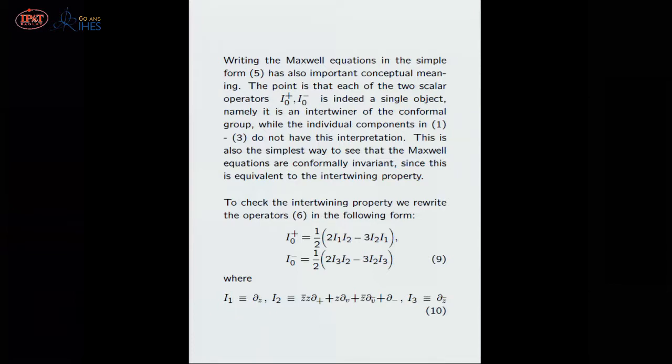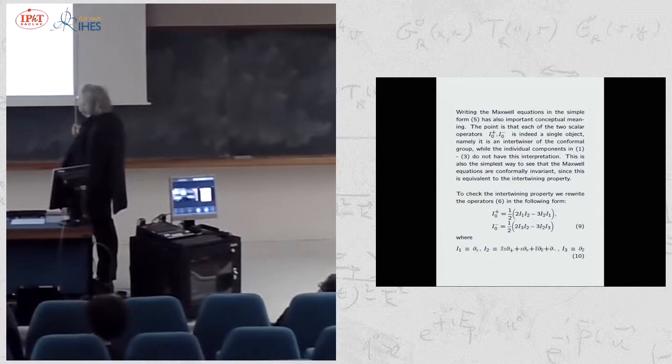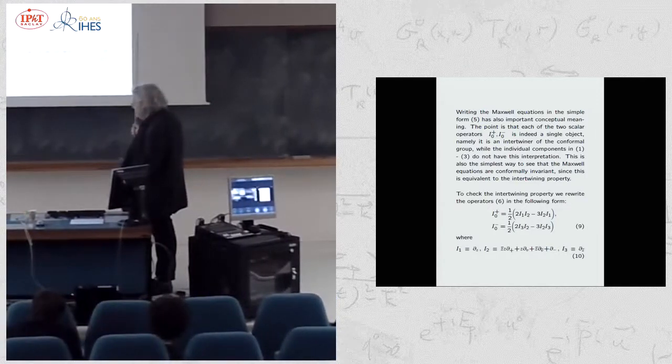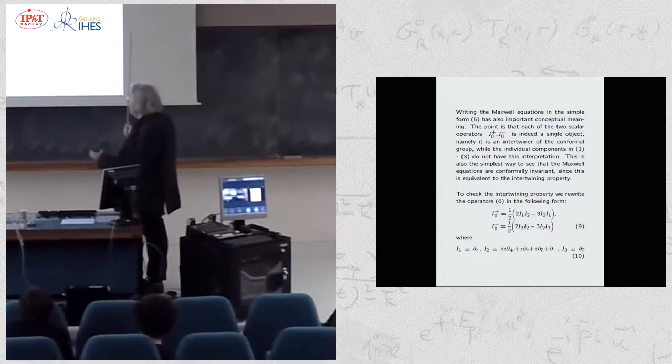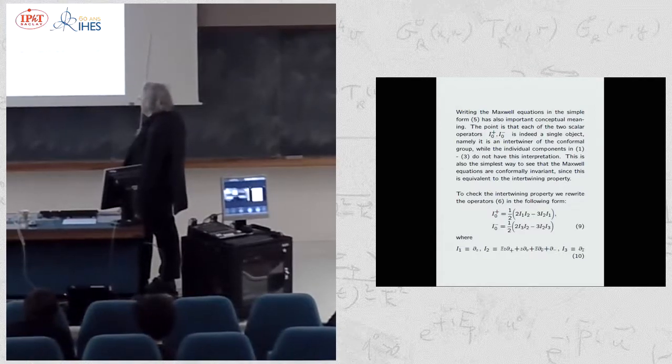What is the point is that these two operators, the plus and minus, have group theoretical meaning. Namely, they are intertwiners of the conformal group, which certainly shows the conformal invariance immediately. And how to check the intertwining property, by the way.